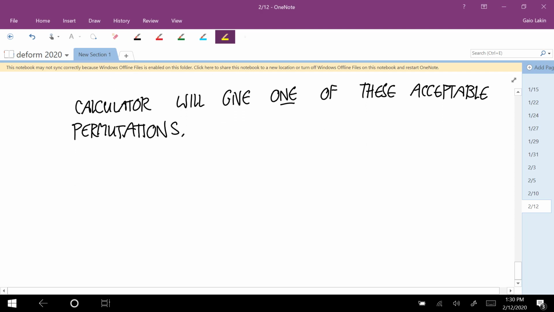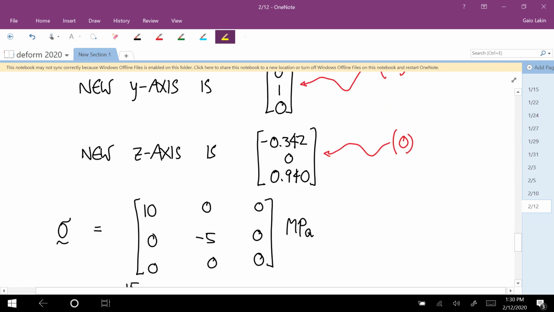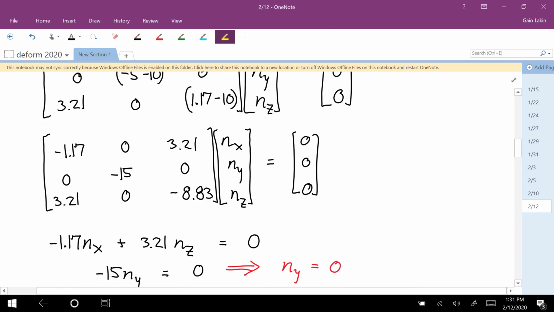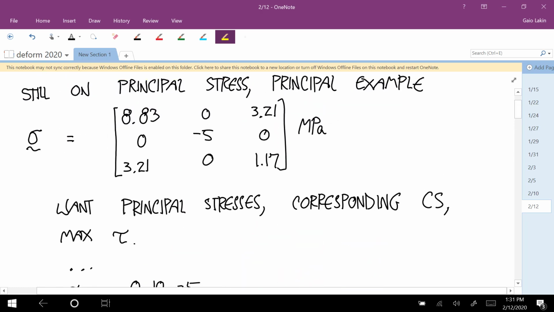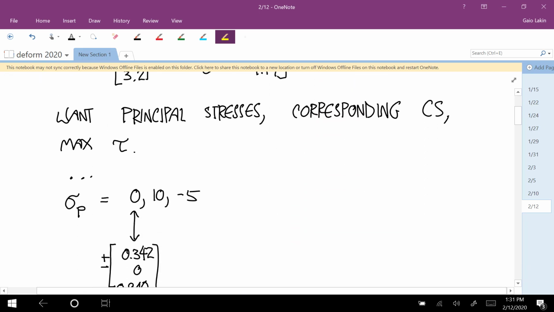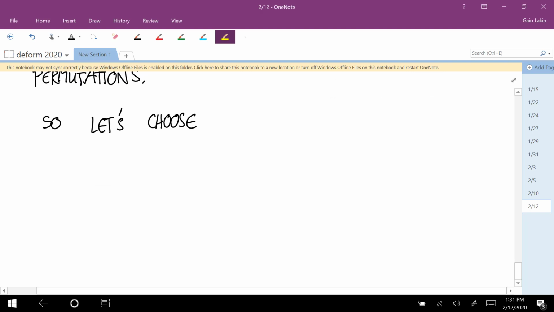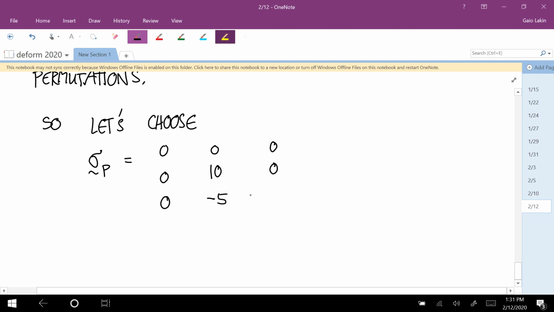Okay, so here's what I normally choose. In whatever order I calculated the eigenvalues, I just make those x, y, z. So let's go 0, 10, -5. So let's say this principal stress tensor is 0, 10, -5.